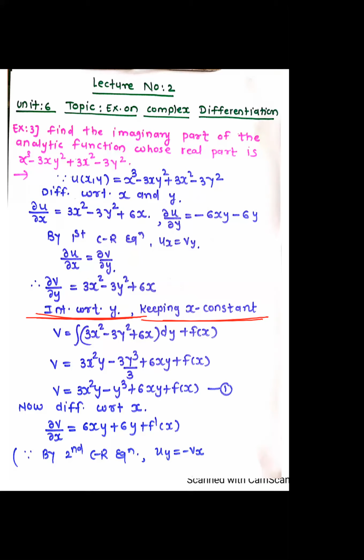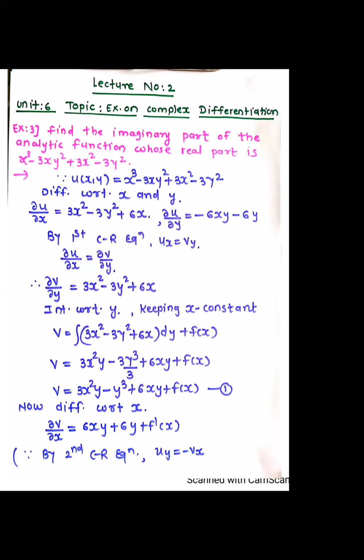When you integrate, the ∂y gets cancelled, and what remains is v only. On integrating the right hand side with respect to y, we get the integration of this term dy plus the constant of integration as f of x, because the two variables x and y are there, and we are integrating with respect to y keeping x as a constant.